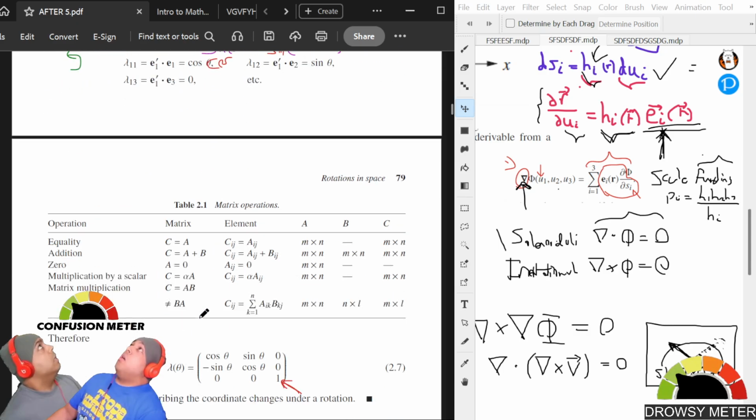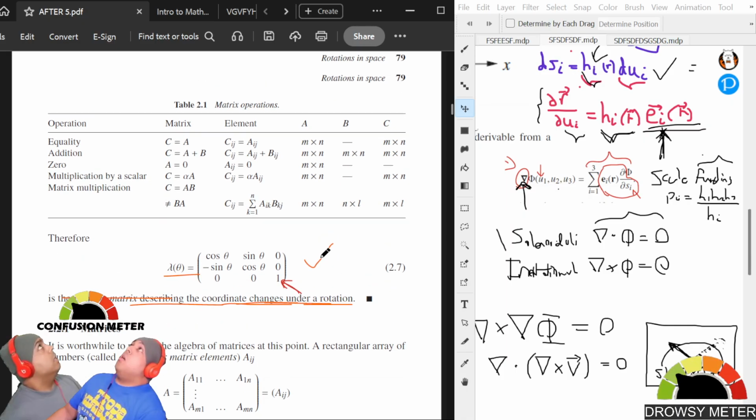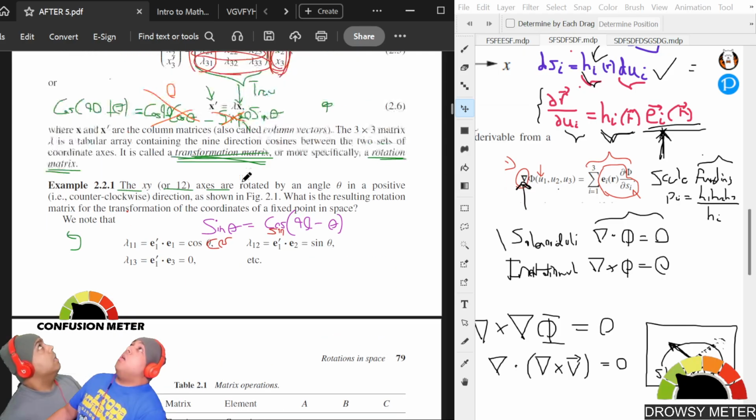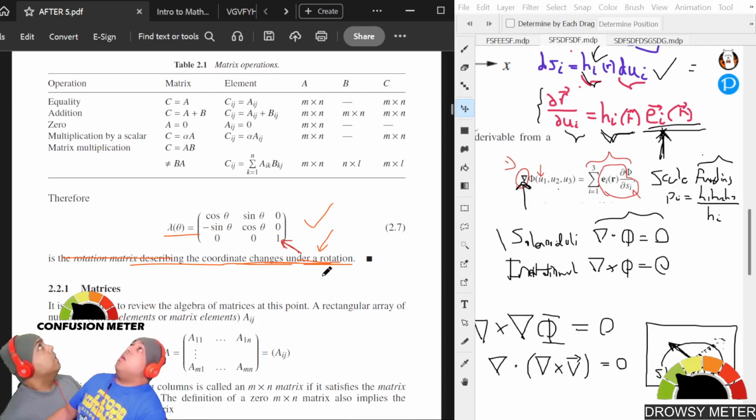Yeah, I agree. Okay. Therefore, this is the rotation matrix describing the coordinate changes under a rotation. So it's general, theta, under a rotation in the anti-clockwise direction.